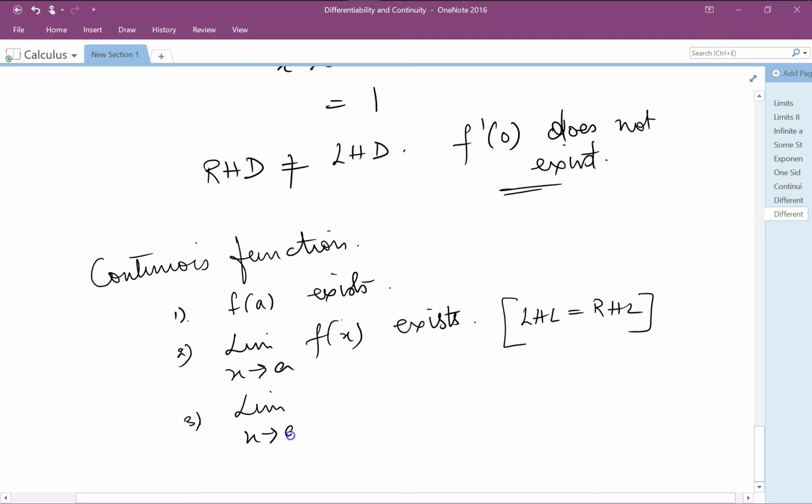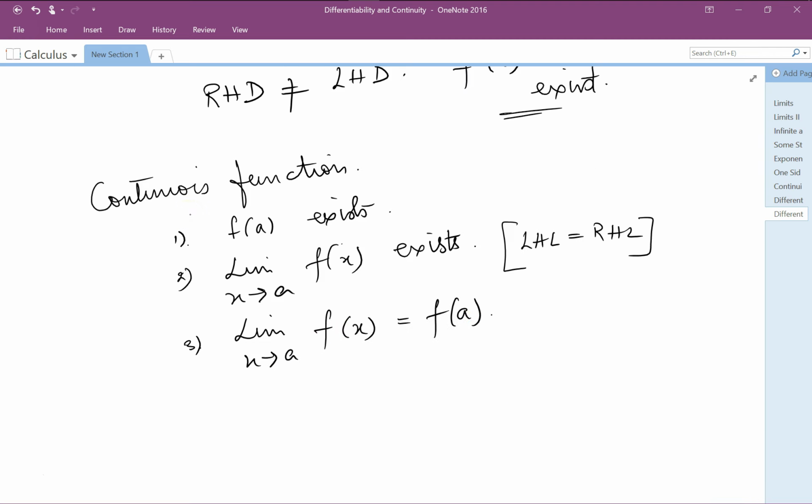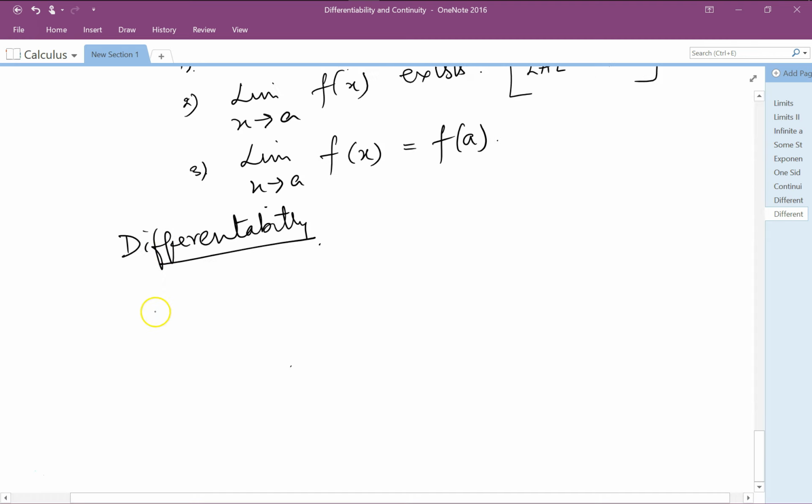And the third is limit as x approaches a of f of x is equal to f of a. Okay, so these are the three conditions for a continuous function. Differentiability is what? As far as differentiability is concerned, we just have to figure out whether the left hand derivative is equal to the right hand derivative, which means f prime of a from the positive side is equal to f prime of a from the negative side.